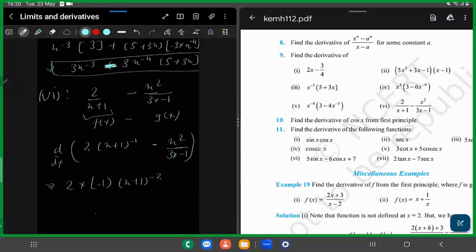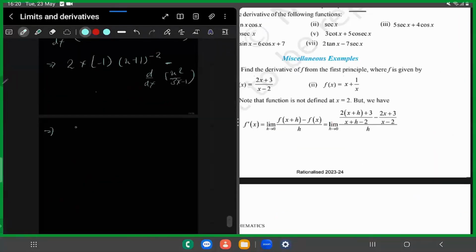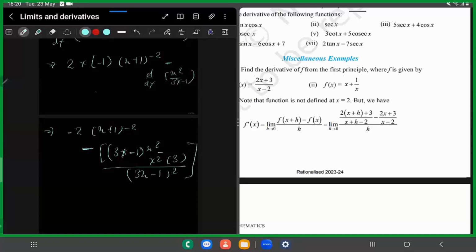Then we differentiate the second term, basically by the multiplication rule: (3x minus 1) into the derivative of x square, minus x square into 3, upon (3x minus 1) whole square. That is the first function into the differentiation of the second function minus the first function into the differentiation of the second function. Actually there is a small mistake here.